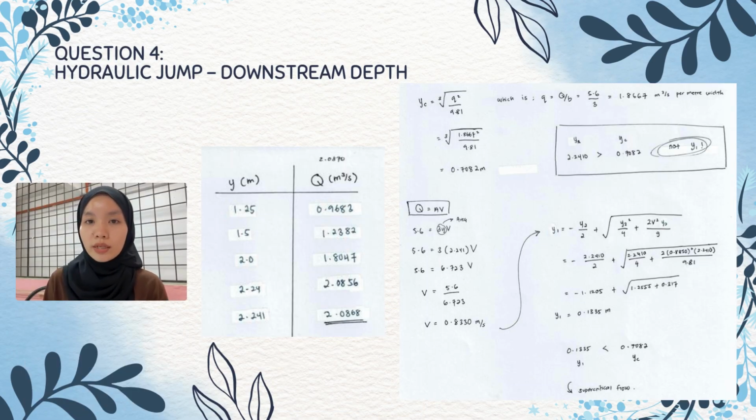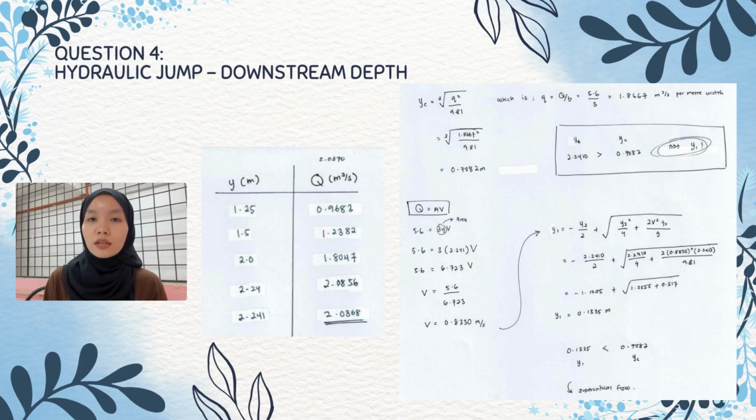Since y1 is unknown, we use the trial and error method, then compute the corresponding discharge, Q. After trying several values of y, we finally get 2.241 meters of y and 2.0868 cubic meters per second of flow.